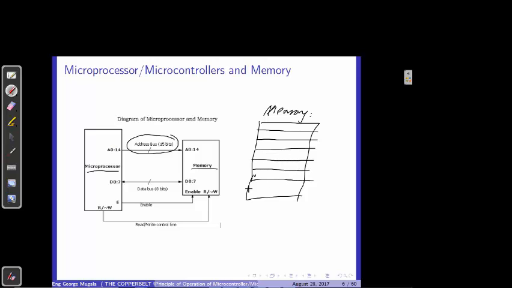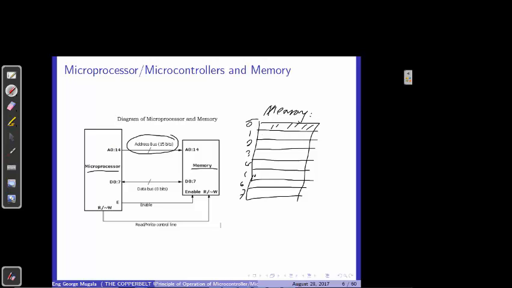There is a way in which we address them, or give them index values, which are the addresses. For example, this is index value number 0, this is number 1, number 2, number 3, number 4, number 5, 6, and 7. So this whole memory has been divided into cells: cell number 0, 1, 2, 3, up to cell number 7. You understand, right? Now, how do I address cell number 0?